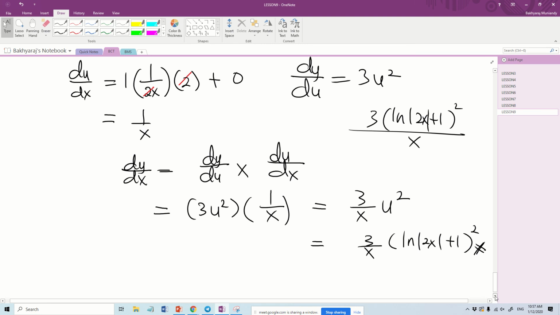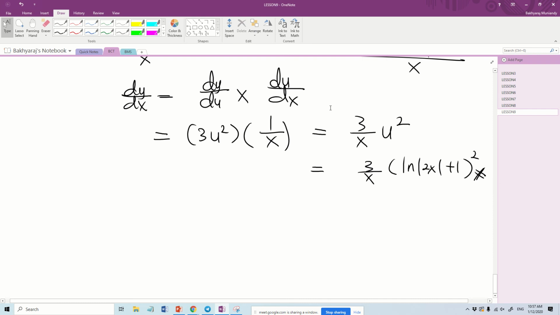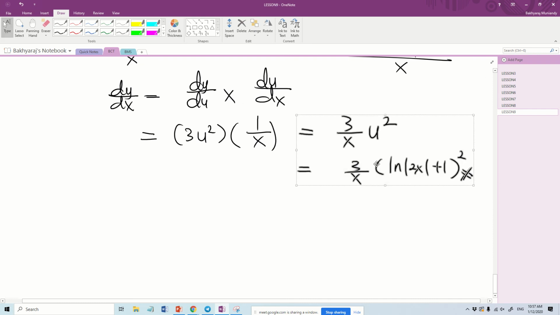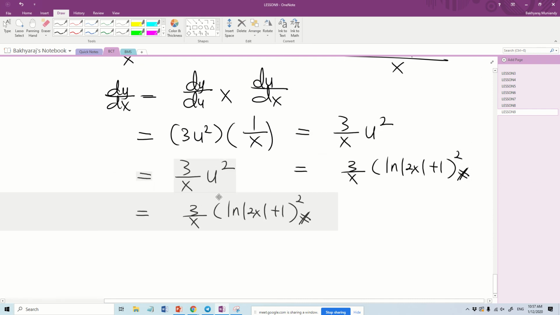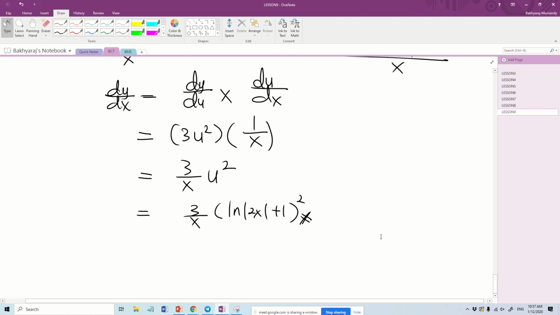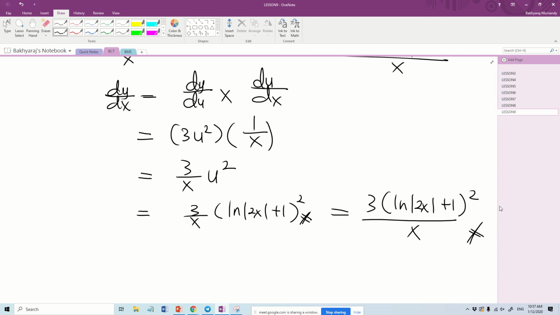Okay, so kalau you tulis ni pun terima, kalau you tulis macam ni pun saya terima. Both answers are acceptable. Or you can write this also: equal 3 bracket log 2x plus 1 square divided by x. Ini pun saya terima, ini jawab betul.